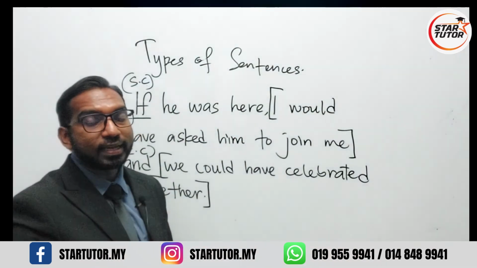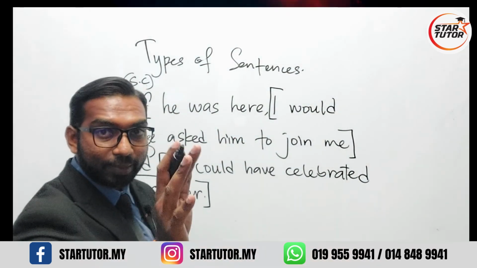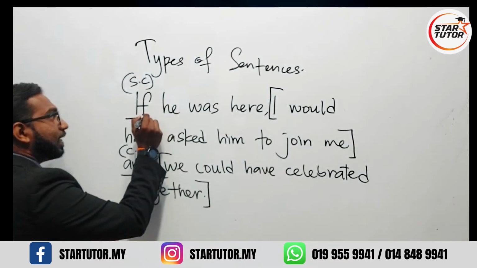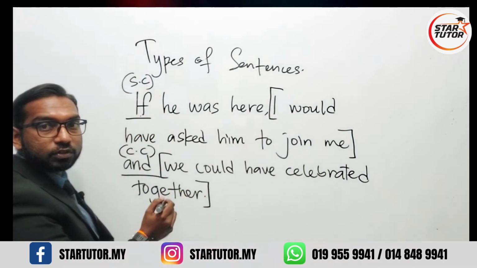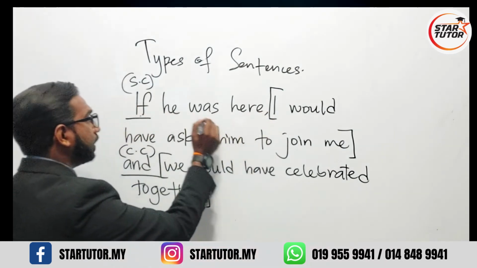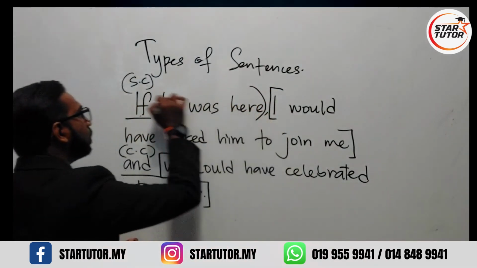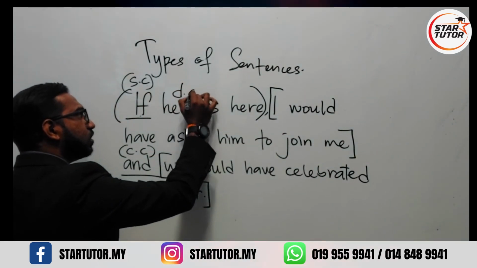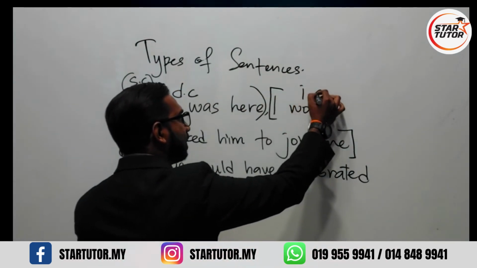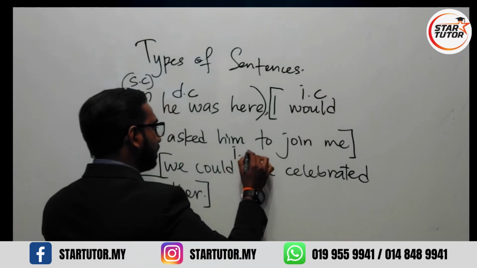It does sound like an independent clause, but remember, there is a subordinating conjunction connected to the clause here. So this whole thing should be considered as a dependent clause. This is an independent clause. This is an independent clause.